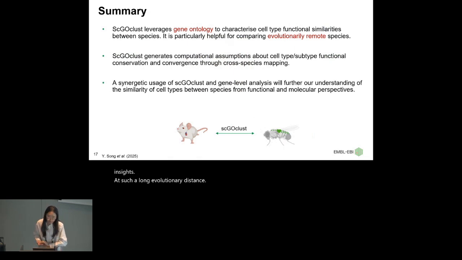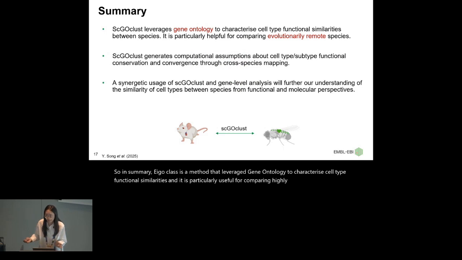So in summary, ScGOclust is a method that leverages gene ontology to characterize cell type functional similarities, and it is particularly useful for comparing highly evolutionary remote species where all of our current other computational algorithms simply fail to do so.